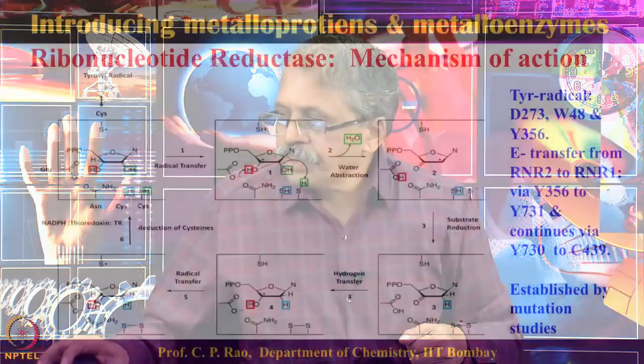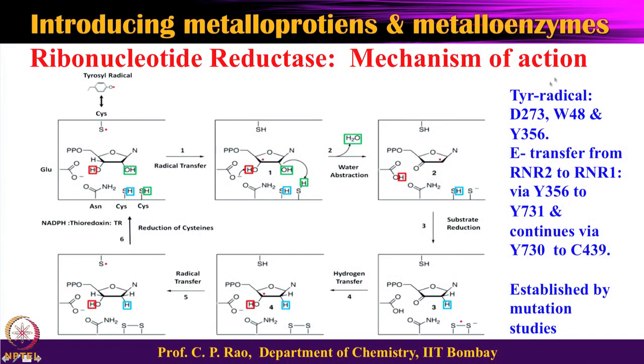So, having talked about the diiron center and tyrosine radical stabilization in the RNR2, and the dithiol center in the RNR1, these two are connected at the C terminal, with certain residues coming from the RNR2 and certain residues from the RNR1, and there is communication between them. Let us look at the residues that are associated.